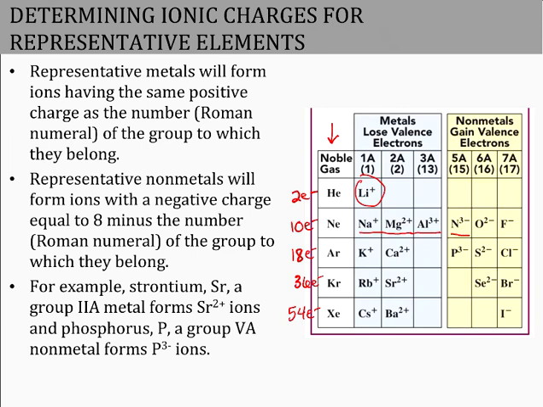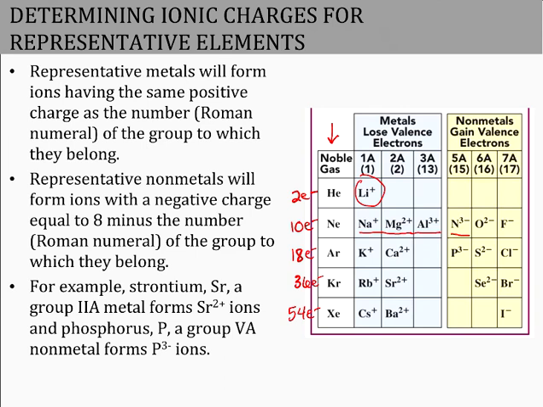And then oxygen, we saw, just has to gain 2 electrons to become like neon. And fluorine would just have to gain 1 to become like neon. And then we can do the same thing for the other elements in the other rows. So potassium and calcium are going to lose electrons to become like argon, but then phosphorus, sulfur, and chlorine have to gain electrons to become like argon.